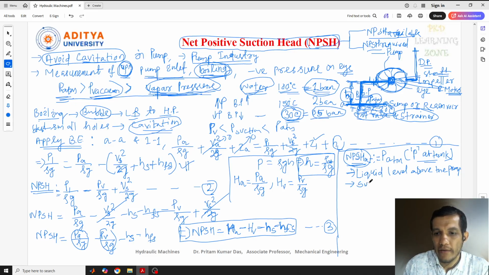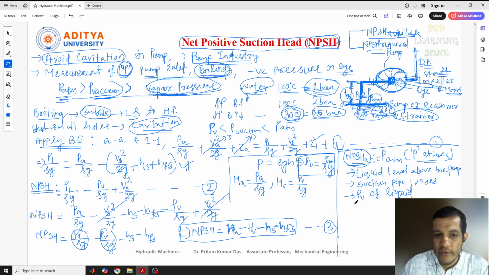During the suction, how much losses are happening? So the suction pipe losses also need to be identified. These are the requirements. Another thing, which is most important, is the vapor pressure of the liquid. This is also an important part.